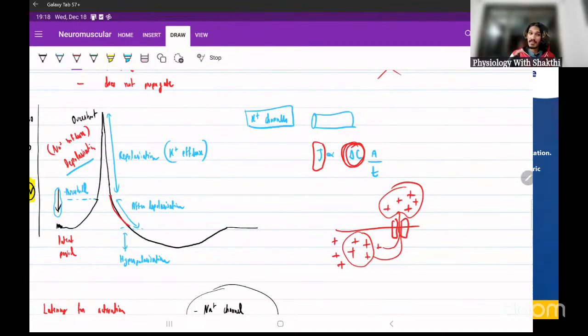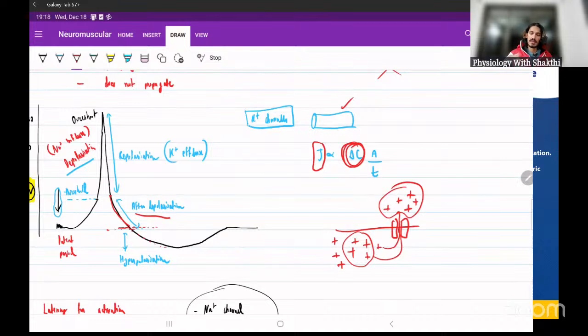That phase where the rate of flux is reducing during repolarization, that is called after depolarization. And then after that, what happens? This potassium channel which opened up, it reached its equilibrium potential. And it has reached over here at your RMP. Now, instead of stopping, it is keeping on going. Just think of inertia.